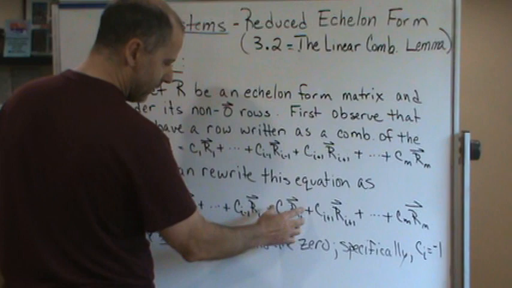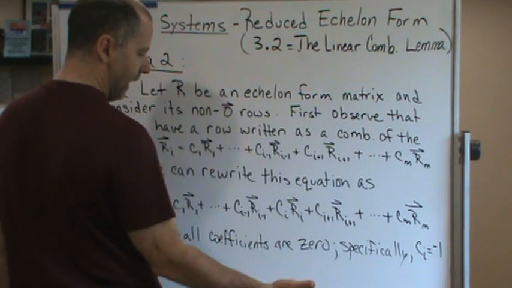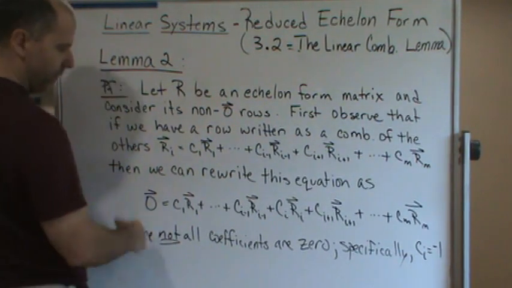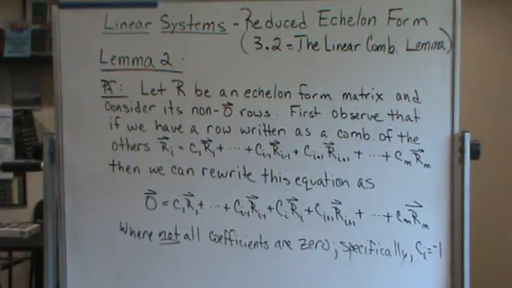Well, we can write this vector R sub I as a linear combination by just moving it over here and then dividing by negative C sub I. So the converse also holds.